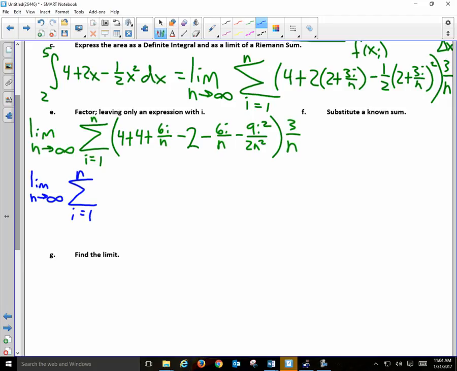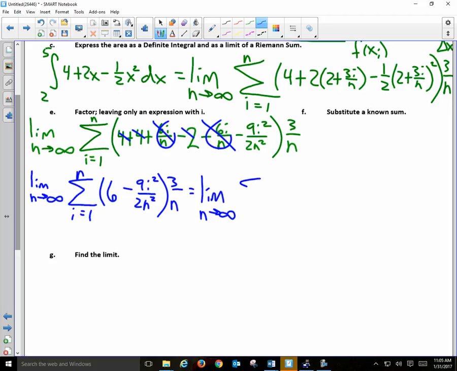Combine it together. What do I get? All right, so I got 6 there. Those go away. That was pretty nice, huh? Times 3 over n, which is the limit as n goes to infinity of the sum from i equals 1 to n of 18 over n minus 27i squared over n cubed.